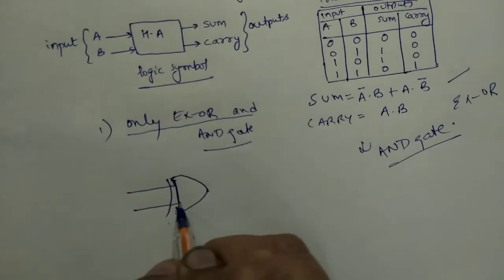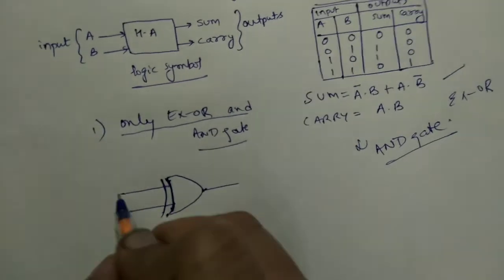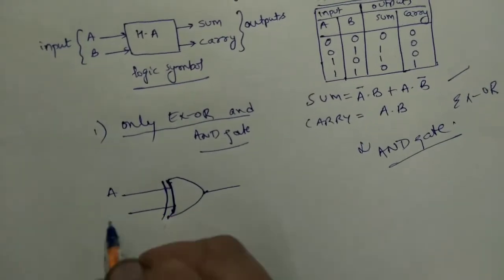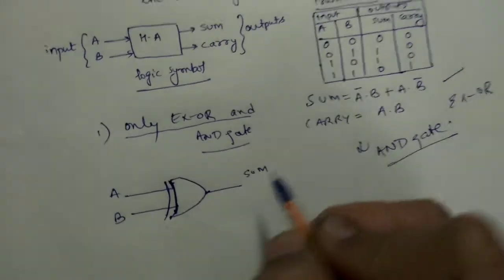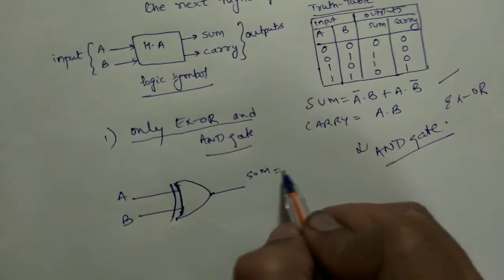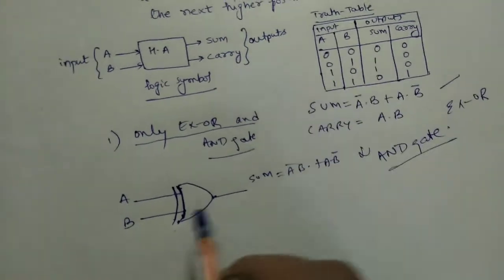We are having A, this is A, this is B, and this is our sum equation which gives us A bar into B plus A into B bar.